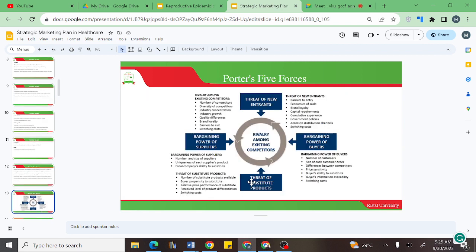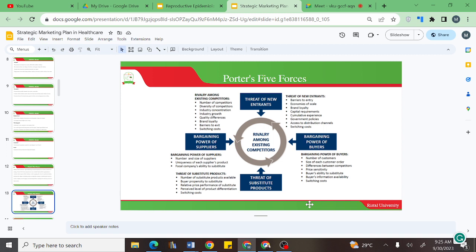So the forces include the threat of new entrants, that is one, and then bargaining power of buyers, the threat of substitute products, bargaining power of suppliers, and then rivalry among existing competitors.